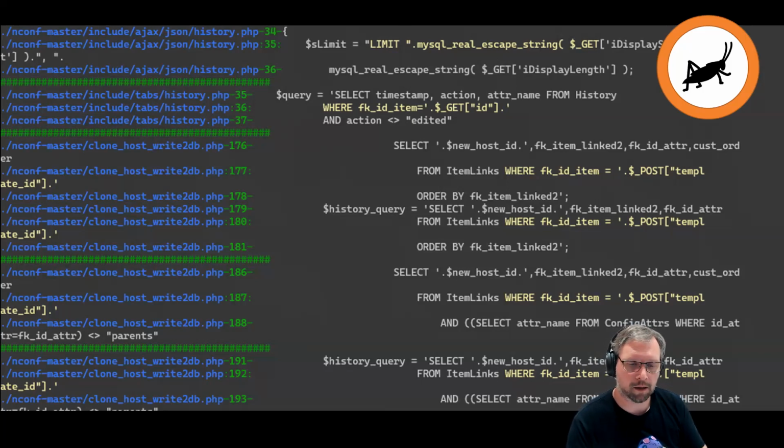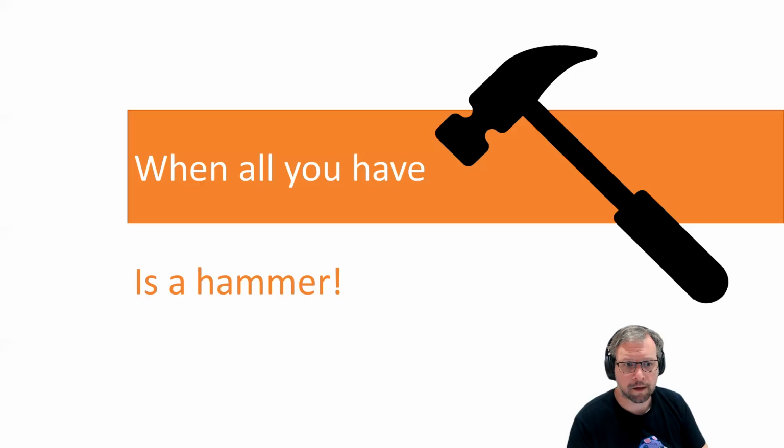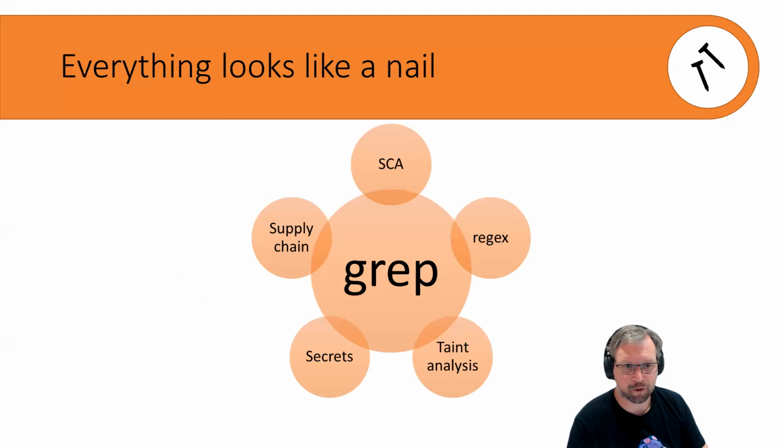Simply by tweaking the regular expressions, we can still identify vulnerabilities in those cases. So yeah, when all you have is a hammer, when all you have is grep, everything looks like a nail.